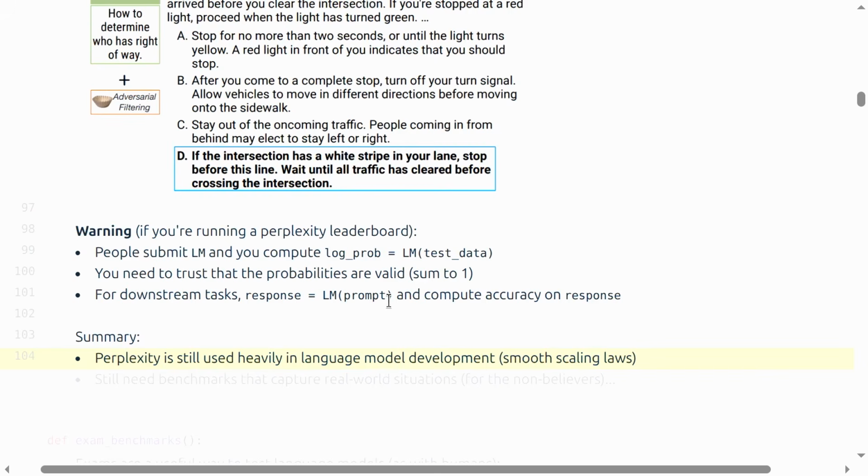But at the end of the day, especially if you're not a believer, then you need some benchmarks to really capture real-world situations, to convince people that your language model is good. For the believers, if I show you a remarkably low perplexity, they'll be convinced. Okay, any questions about perplexity?